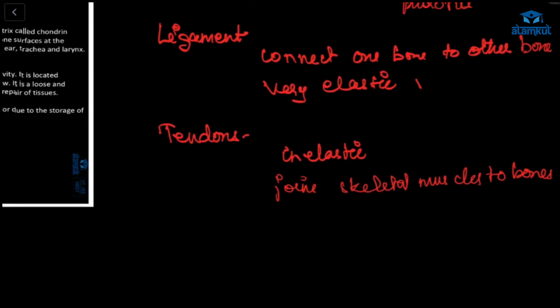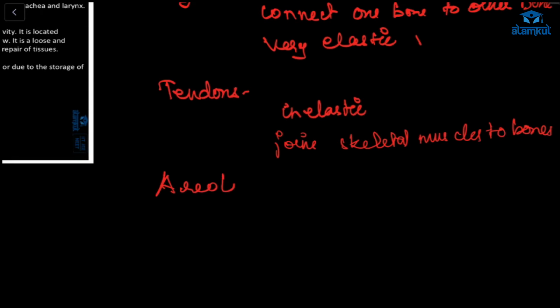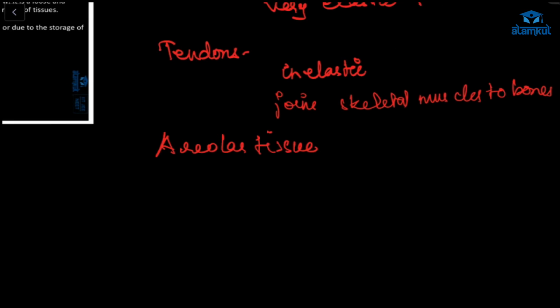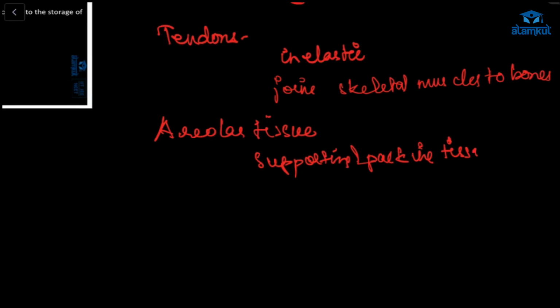Next, we have areolar tissues. This is also a connective tissue. They are supporting and packing tissue. They are found between the organs, in the body cavity, wherever there is a cavity present. Cavity means there is nothing present, the hole.